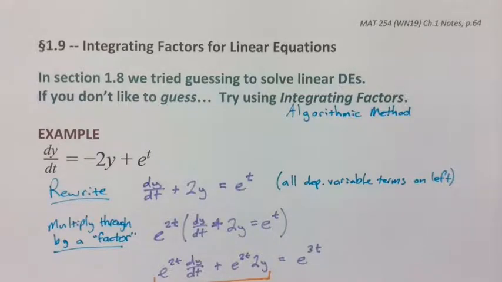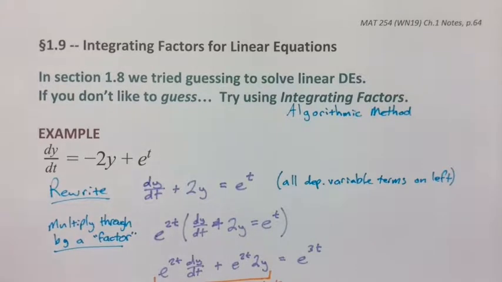This is the result of what we remember from our Calc 1 class as the product rule. So this right here is actually the result of the product rule, and we're going to rewrite the left-hand side as the derivative with respect to t.